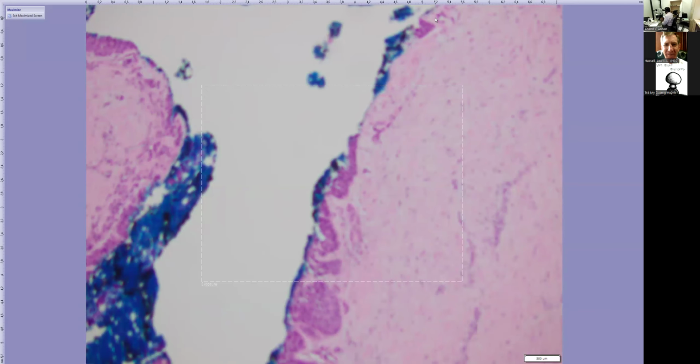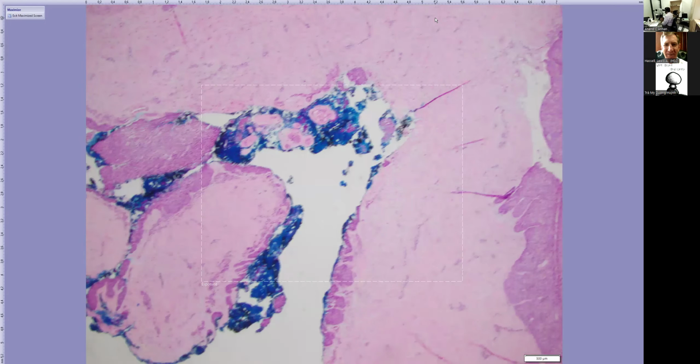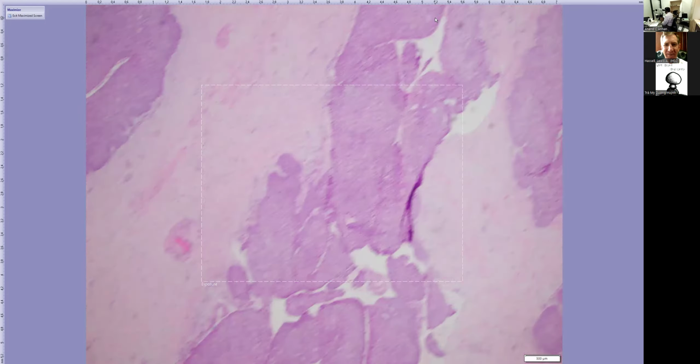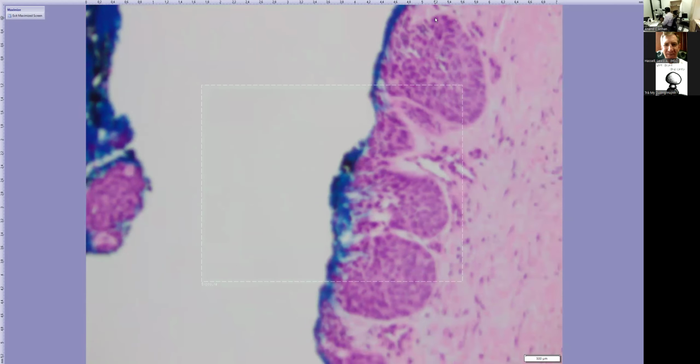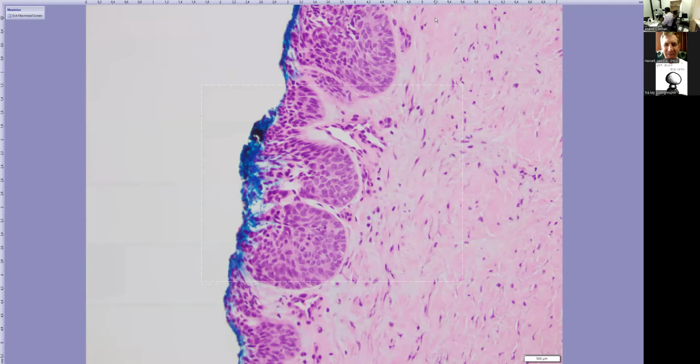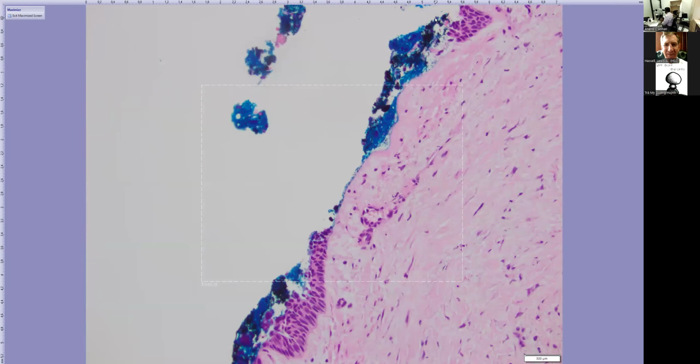So they were not sure, although they favored it to be urethral, but they could not be 100% sure. And here is again a section of the tumor sitting in between. This is the urethral surface.